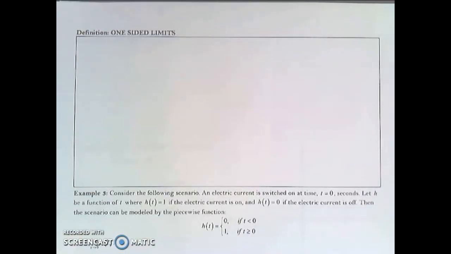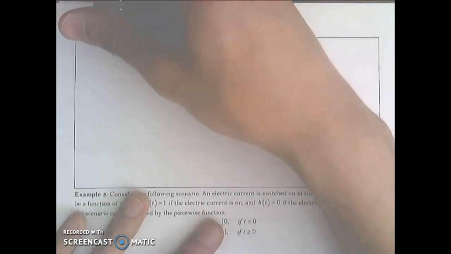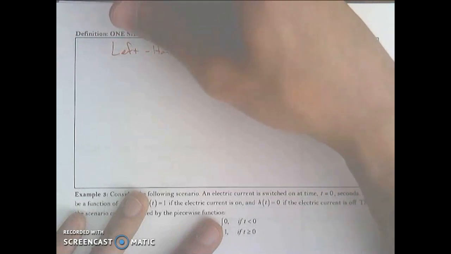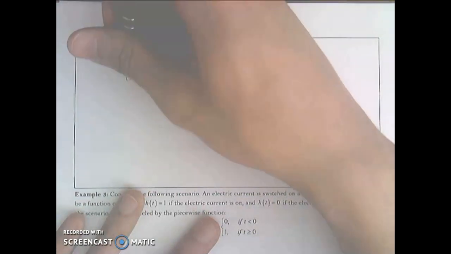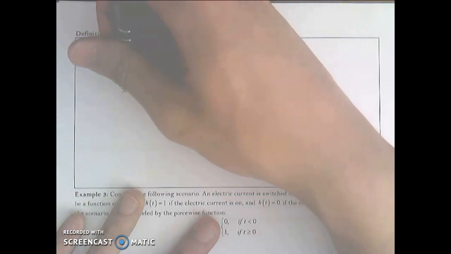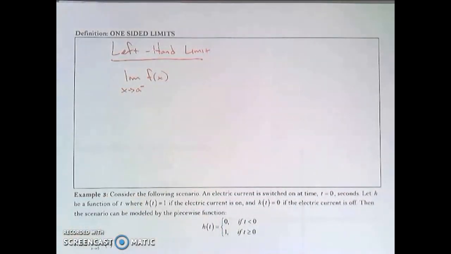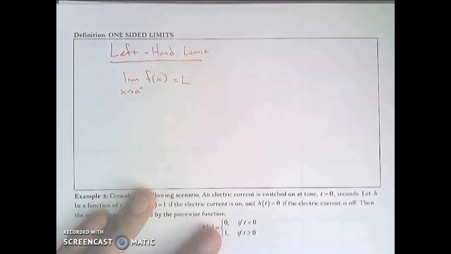The next thing that I want to talk about is one-sided limits. We're going to start off with a left-hand limit. You could probably guess, it's the limit of a function, we'll say f of x, as x approaches a from the left-hand side, so from the negative side. We're saying that's equal to some limit. So we can evaluate a limit from just a single side.